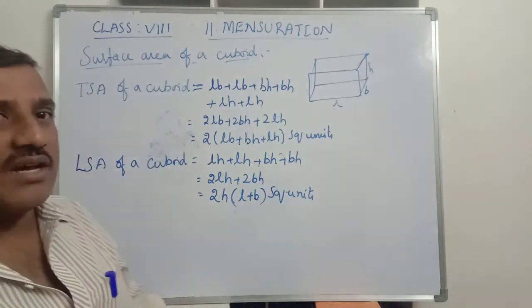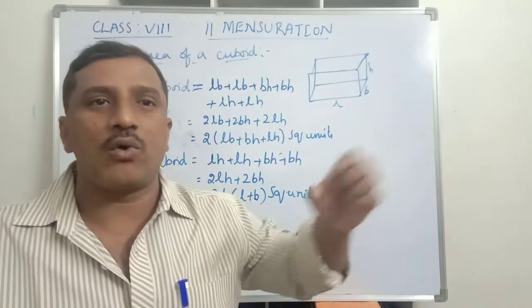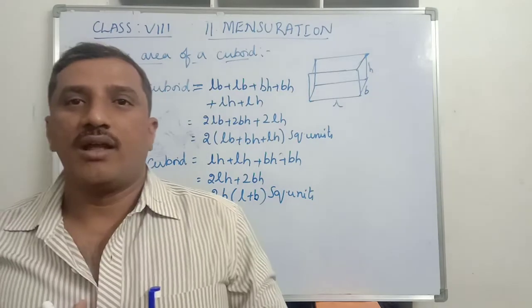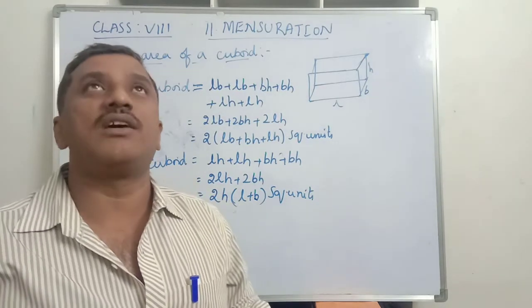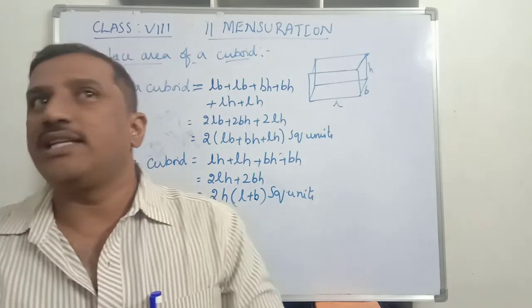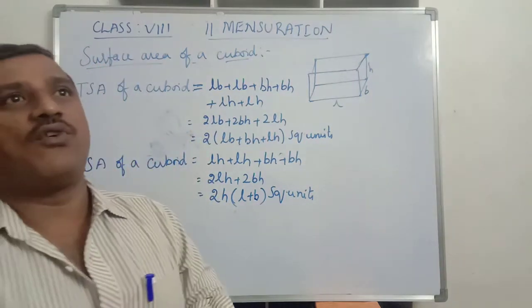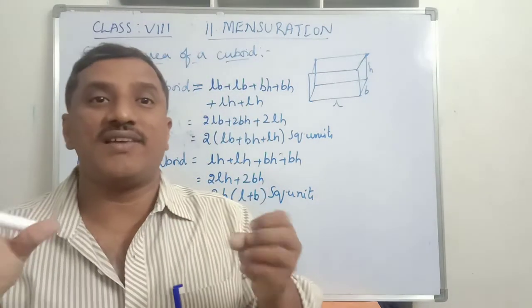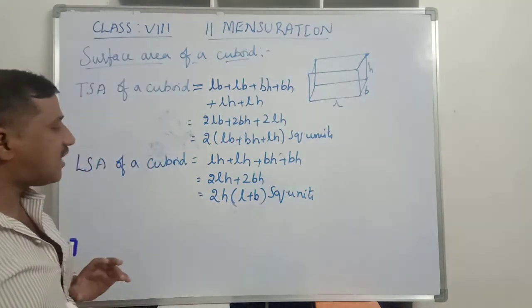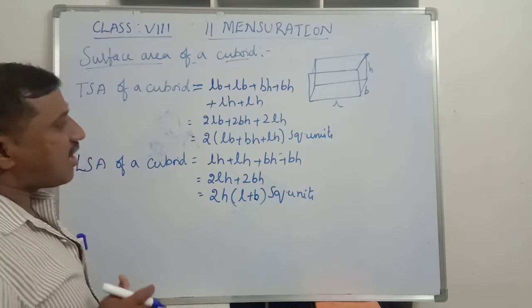So what is the LSA of a cuboid? If you consider your room as a cuboid, we can see the 4 walls of the room without raising our head or bending our head. These 4 walls are known as the lateral surfaces of a cuboid. Its formula is 2H into L plus B square units.